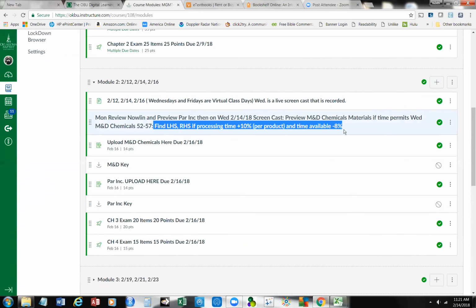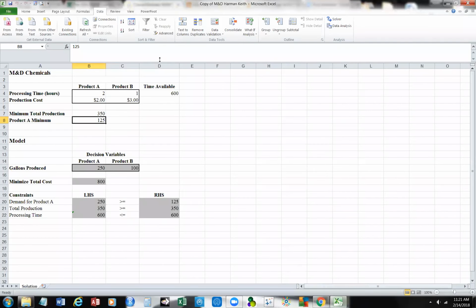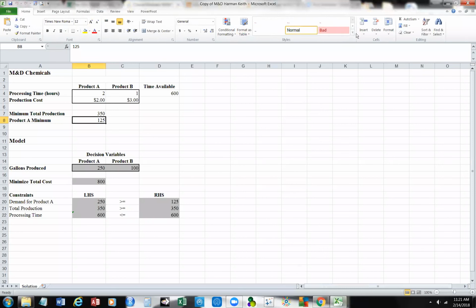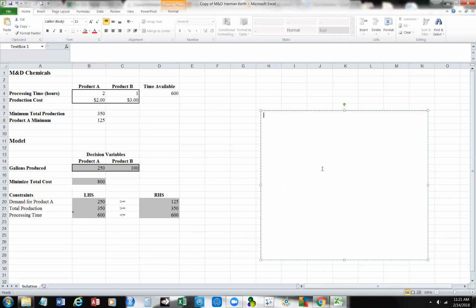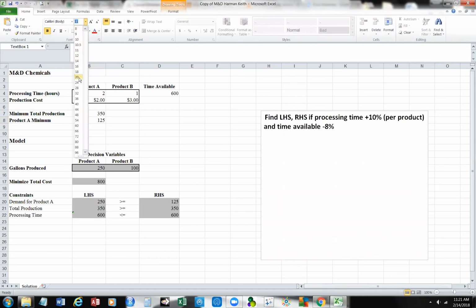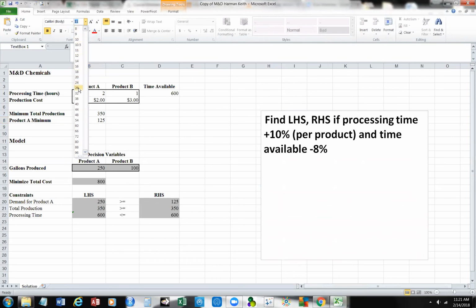I'm just going to copy that and click home, and I'm going to insert a text box. And this is how I would work on it. I'm just going to bring that up in terms of size so it's easy to see.